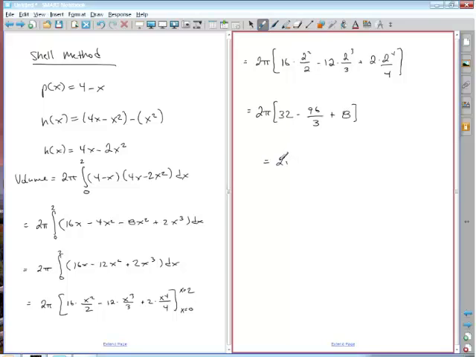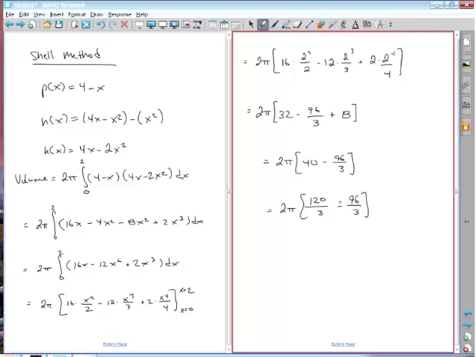Let's combine the two whole numbers. 40 minus 96 over 3. And we find the common denominator, which is 3. So we'll have 120, 40 times 3 is 120, divided by 3 minus 96 divided by 3.